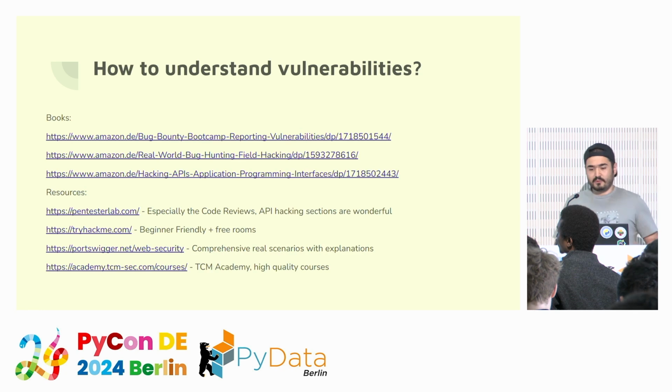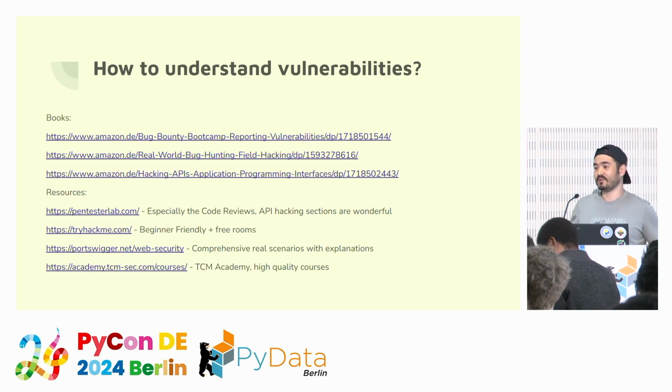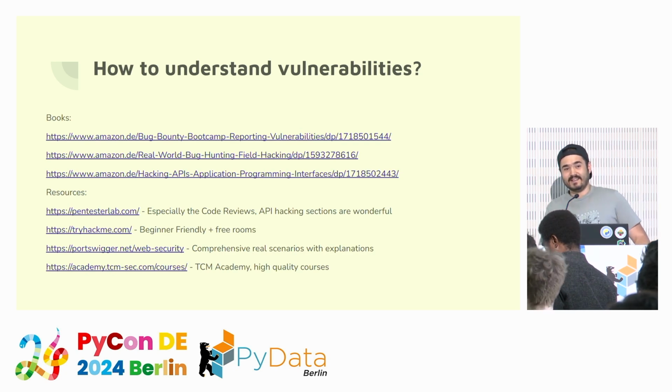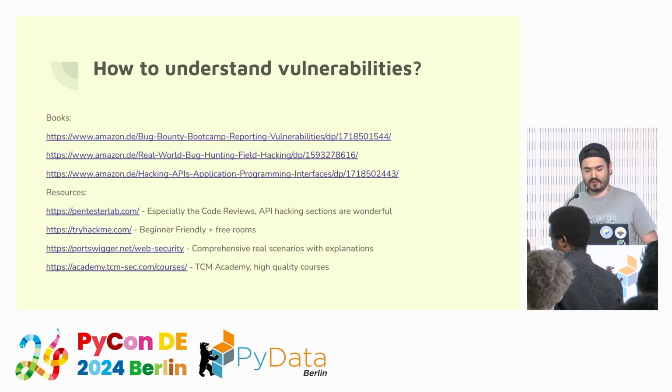How to understand vulnerabilities. If you go back 15 years, there were few resources to read about vulnerabilities. You needed to be a member of a closed group of hackers, and they would do you a favor and give you some PDF to read. But that's not the case now. If you go to Amazon and search for books, there are plenty you can read, and they're easy to read, not heavy books that you won't understand.